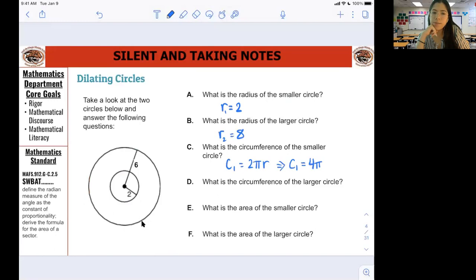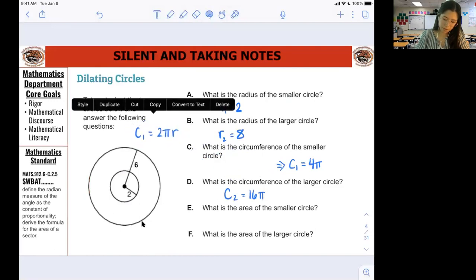Questions on circumference for the smaller circle? Okay, then what's the circumference of the larger circle? 16 pi. Because again, you just multiply it times 2. I'm going to write this formula over here just so we remember it in general: the circumference is 2 pi times the radius.